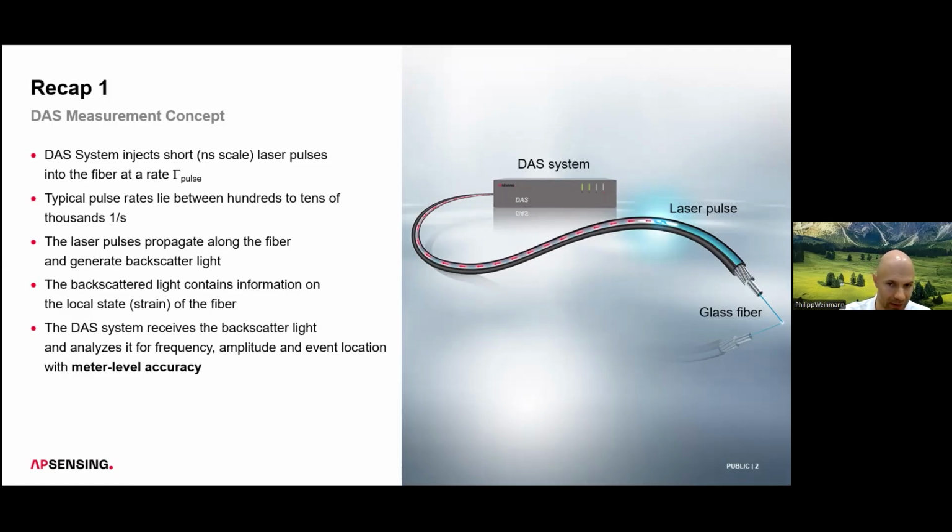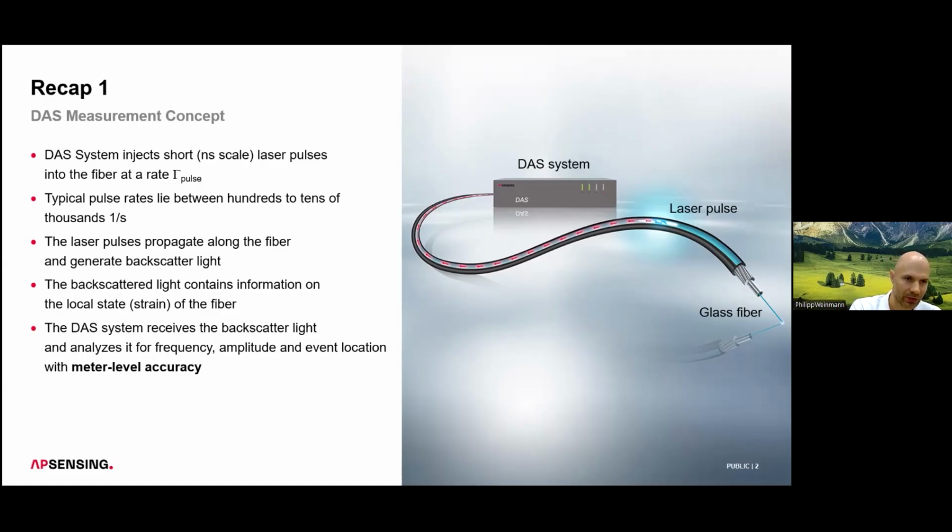Once the DAS system receives the backscatter light, it analyzes the light for frequency and amplitude, so that we know with what frequency and what amplitude the glass fiber is being deformed, stretched. And it also analyzes the event location so that we get knowledge of where this acoustic event actually happened. And all this DAS systems typically can do with meter level accuracy.